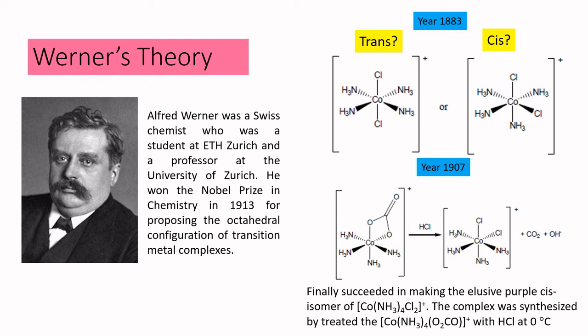After a few years, he finally succeeded in making the elusive purple cis isomer of the cobalt complexes, and this complex was synthesized by treating the starting material with hydrochloric acid at 0 degrees Celsius. For this video, I have shortened the story of Werner, but you can find a longer version in the PowerPoint that I sent earlier.